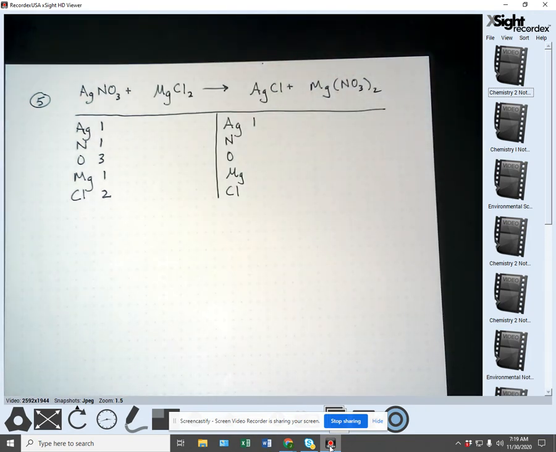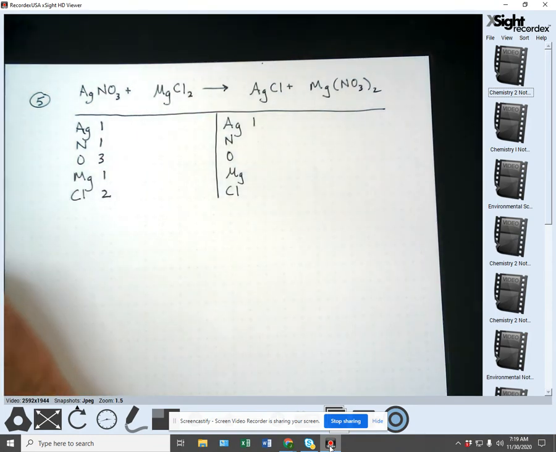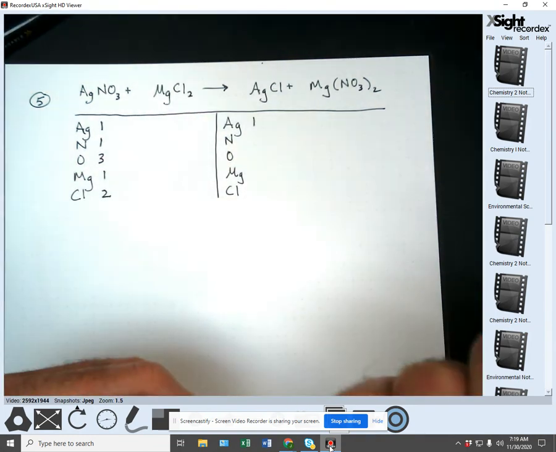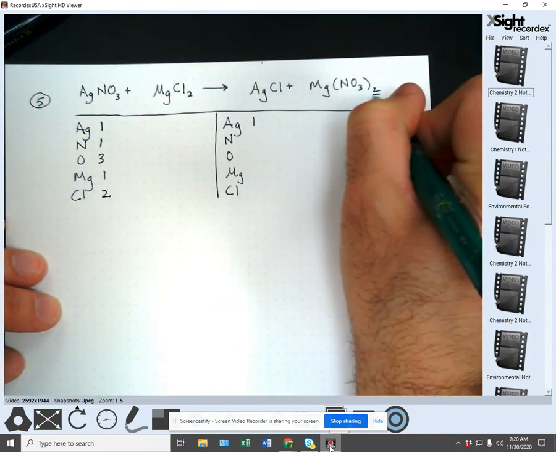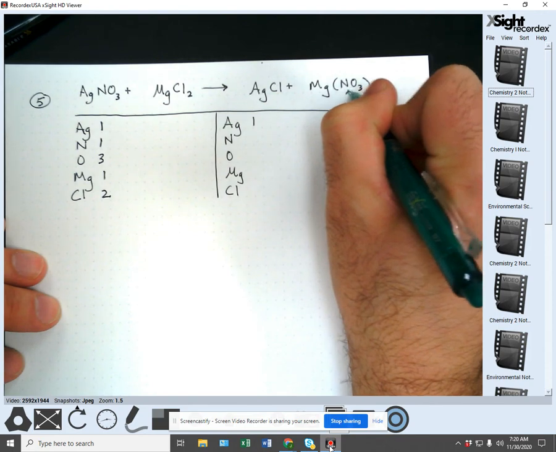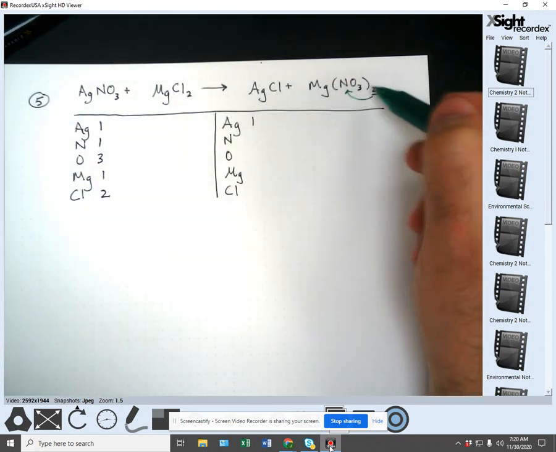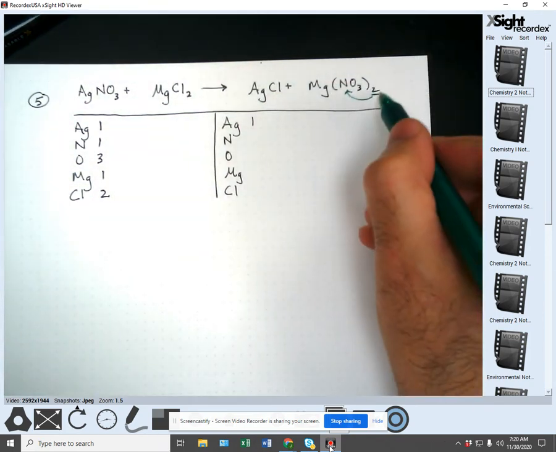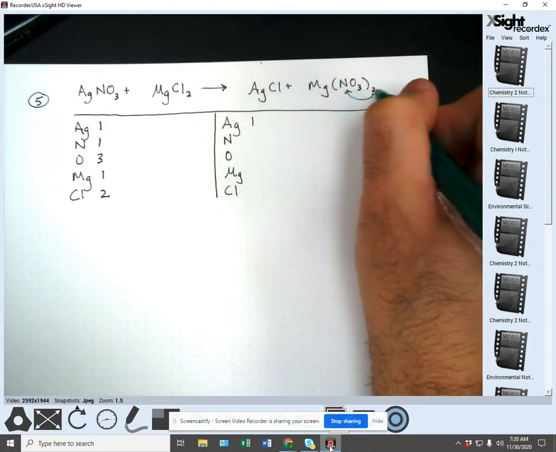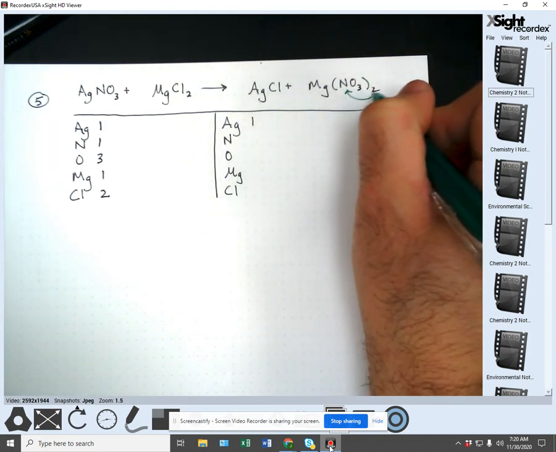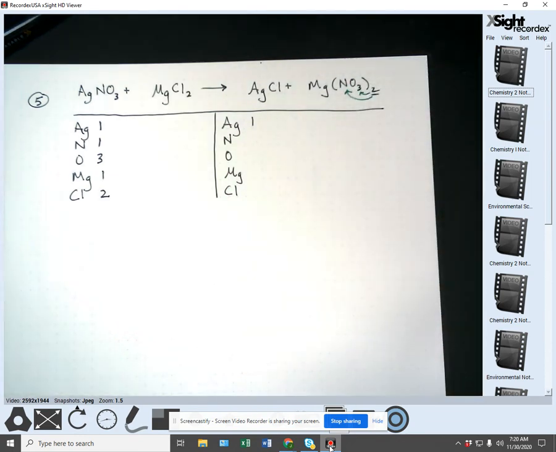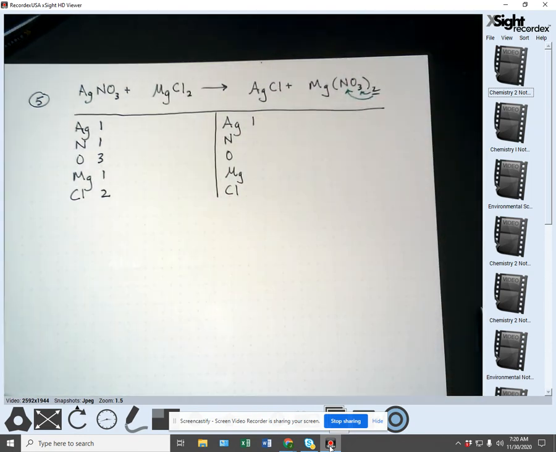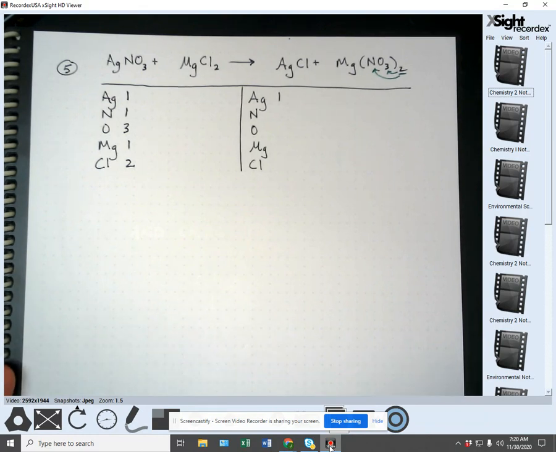To figure out the nitrogen, we're going to multiply our number out here, the subscript, times the subscripts we have inside of here, because the 2 goes to everything in here. So it's 2 times 1 for the nitrogen and 2 times 3 for the oxygen.